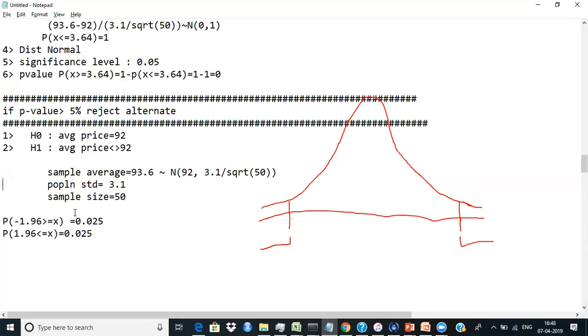What is the standard error? The population standard deviation is 3.1 divided by the square root of 50.